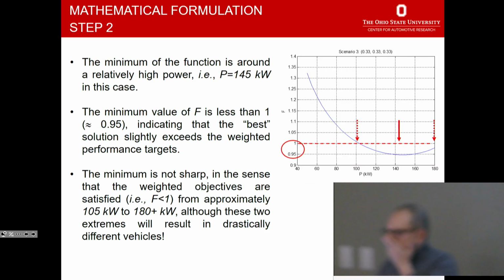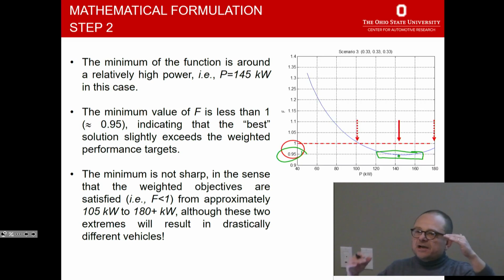So we also make the point that this minimum is around 0.95. So we have exceeded our requirements in building the cost function. It's also important to notice that this is not a sharp minimum. It's kind of a continuum that is relatively shallow.